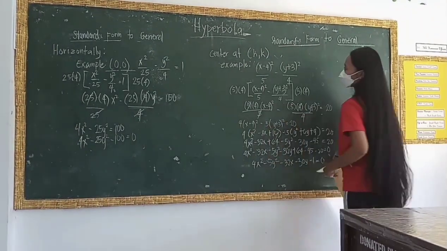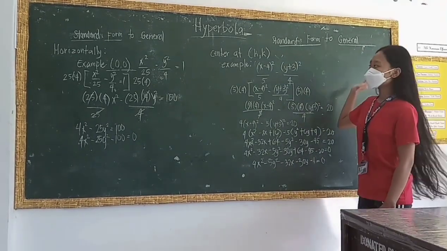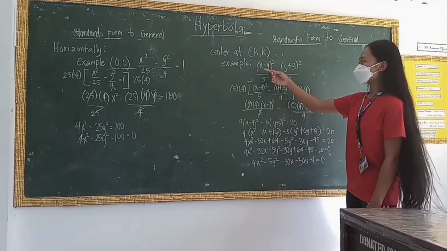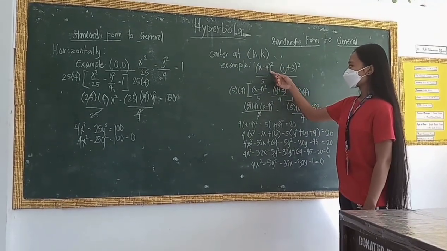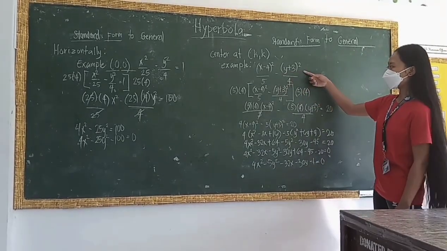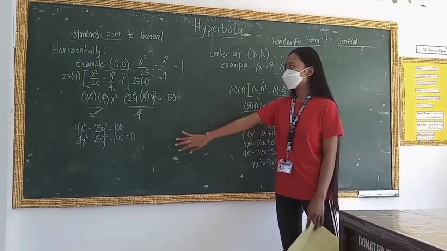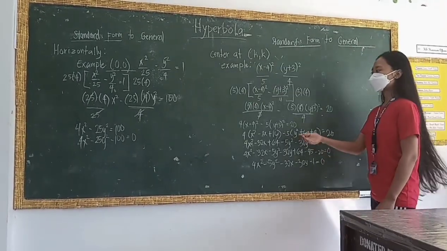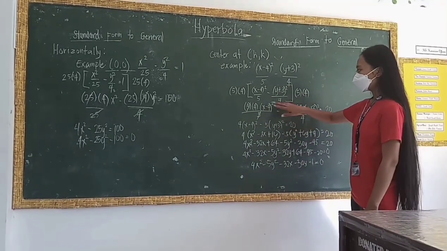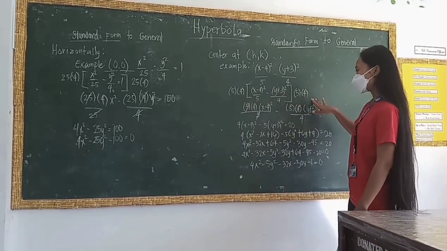Now, we'll go to the standard form for general when we are centered at h and k. And the example is quantity x minus 4 squared over 5 minus y plus 3 squared over 4. And then like here, we will do the same process. Like this, we will find the LCD and apply it to both sides.